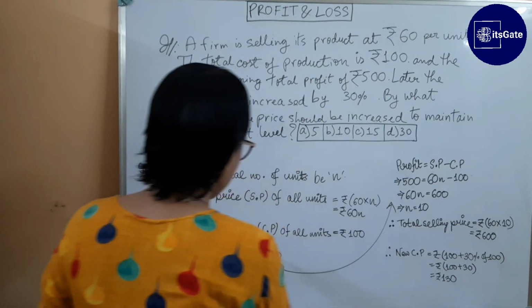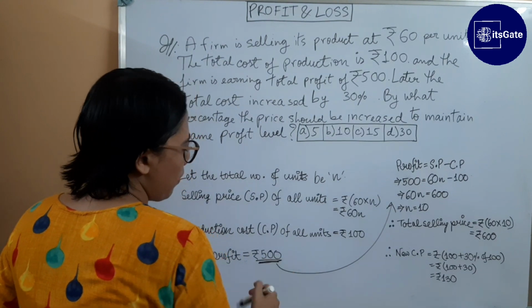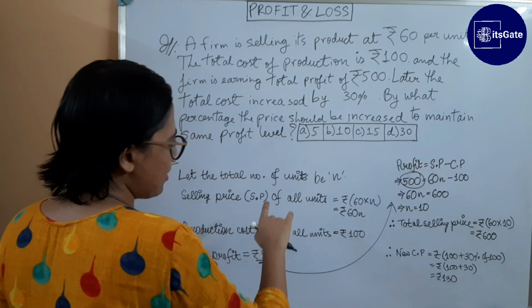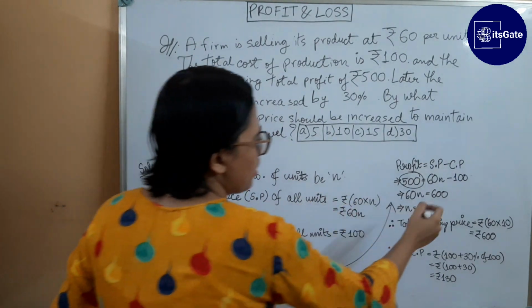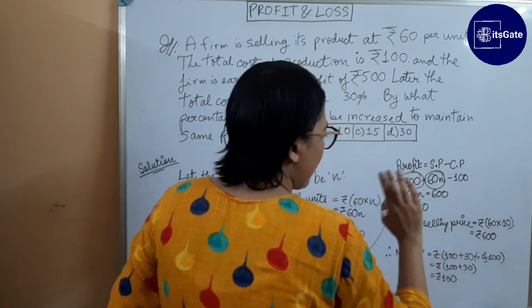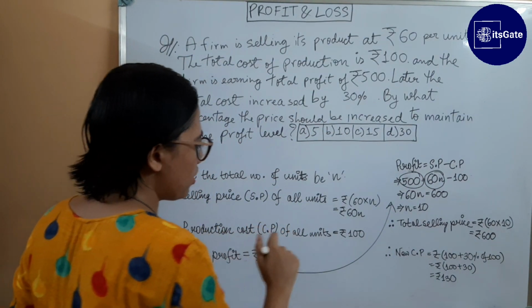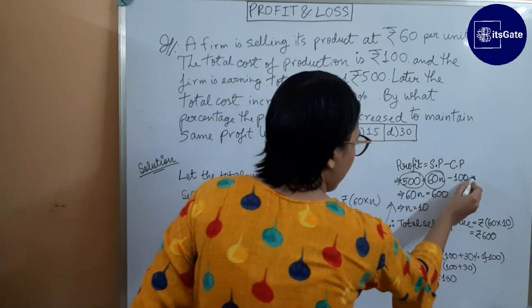So we have the profit by selling all the units together as rupees 500 and the selling price of all units as rupees 60n and the production cost or the cost price of all units together as rupees 100.